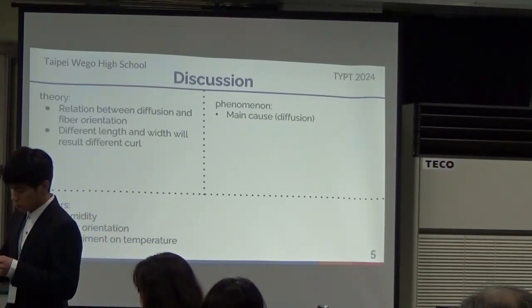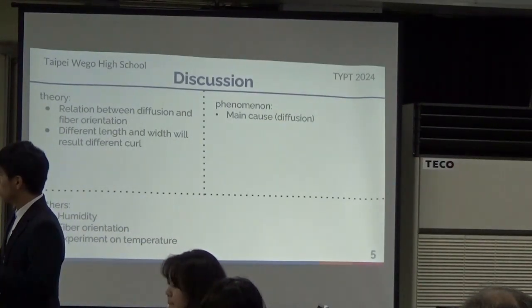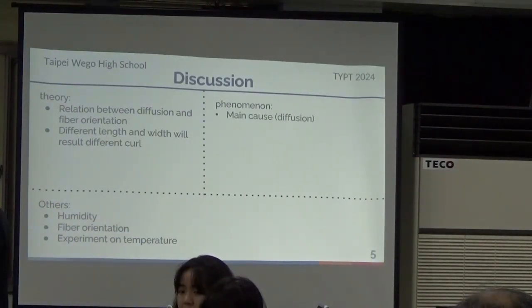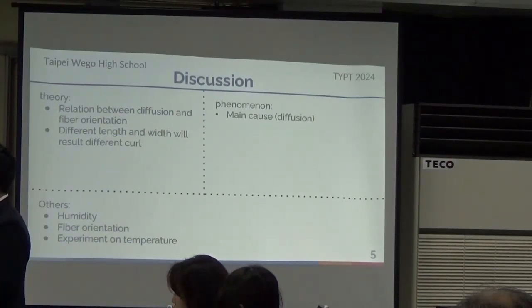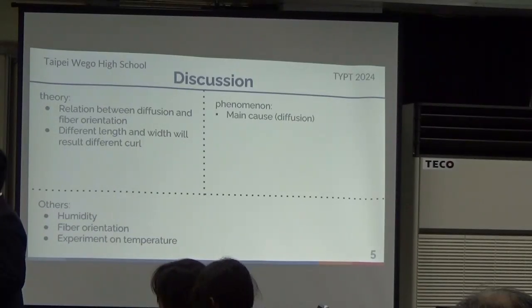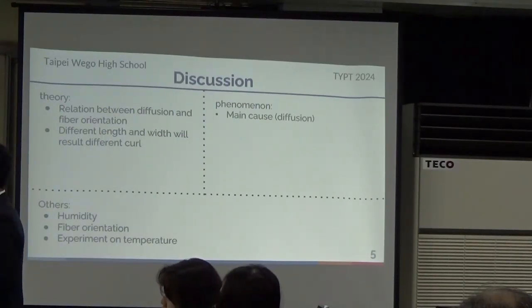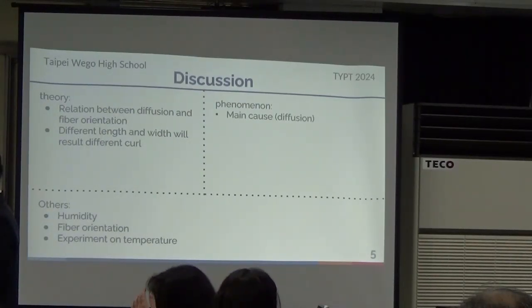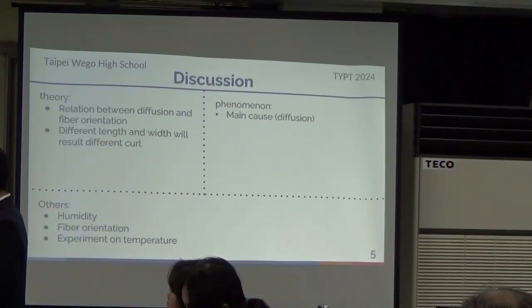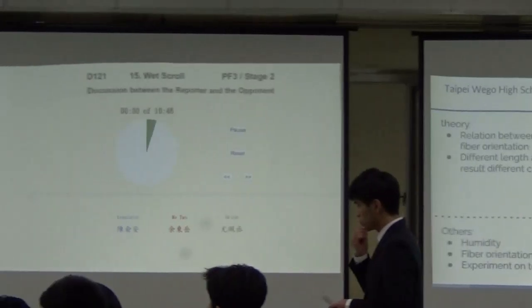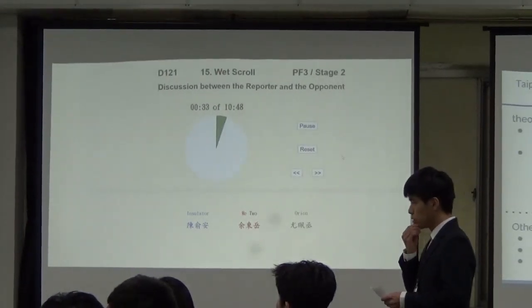So first, you mentioned that the temperature will influence the whole phenomenon. So do you have any experimental data that can support your theory? I say because the temperature is the control variable of our experiment. So the main focus in our experiments is only the tracing paper.